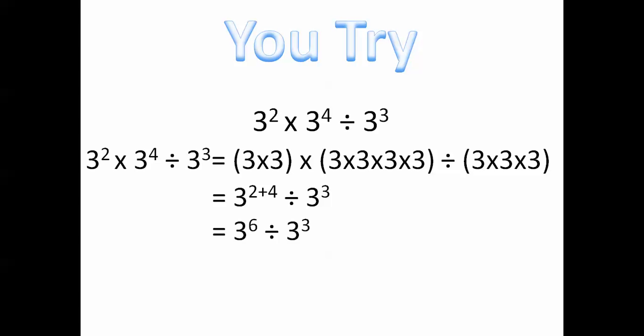So we have 3 to the 6th divided by 3 to the power of 3. And again, using our second exponent law, when we have two powers with the same base, we just subtract the exponents. So we get 3 to the power of 6 minus 3, which gives us 3 to the power of 3, which is equal to 27.